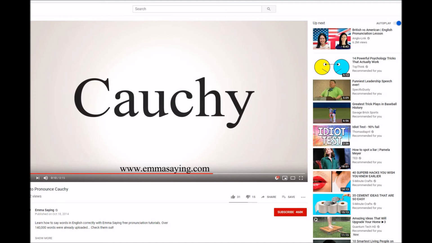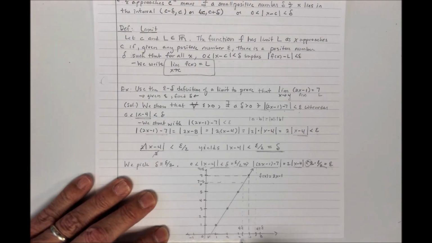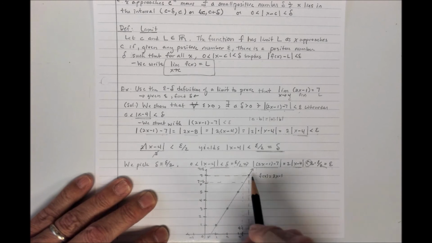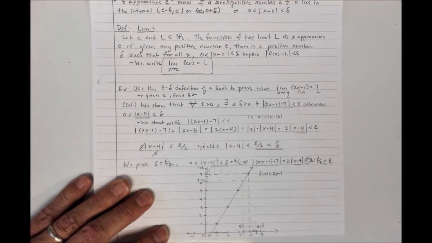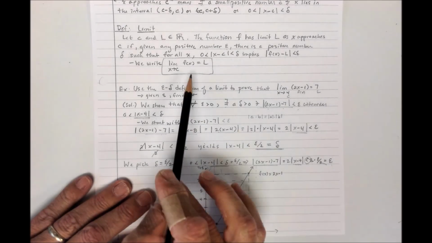So as I get closer and closer to 4 here, you can see within this interval between 4 minus delta and 4 plus delta that my limit up here of 7 is in between 7 minus epsilon and 7 plus epsilon. It's all going to be within here, which means as I get closer, this gets closer. And that's the whole idea of the informal definition, and that is now our formal definition.